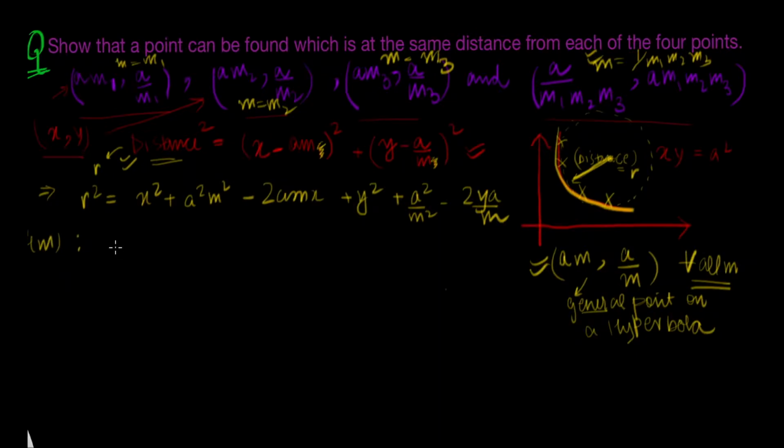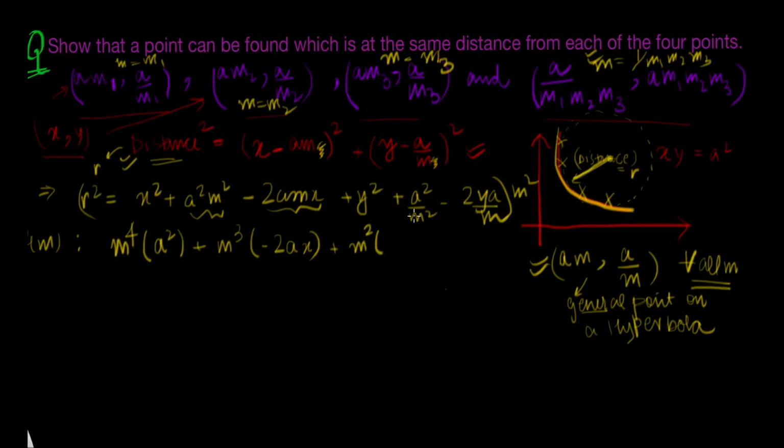And we will see that if we multiply the entire equation by m squared, we get m to the 4th, and the coefficient is a squared. Then the next higher power would be m cubed, and let us evaluate the coefficient of that. M squared is here, we should have an m somewhere, which is here. So we get the coefficient to be minus 2ax. Similarly, we will have a coefficient for m squared.